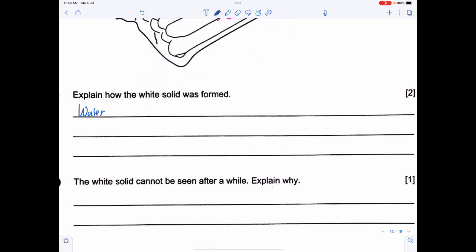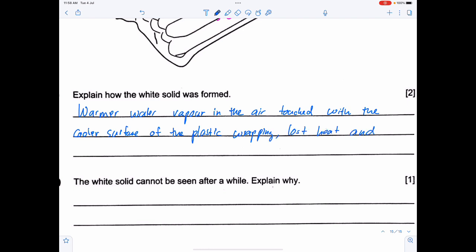So, warmer water vapor in the air touched or came into contact with the cooler surface of the plastic wrapping, lost heat and condensed into water droplets. Okay, so this is the liquid water part.